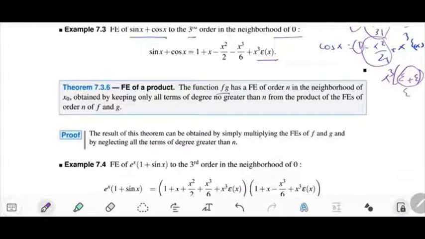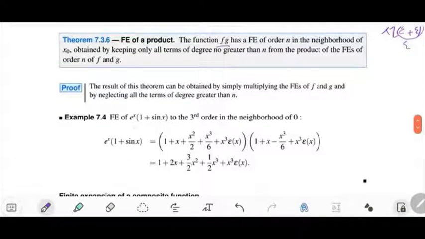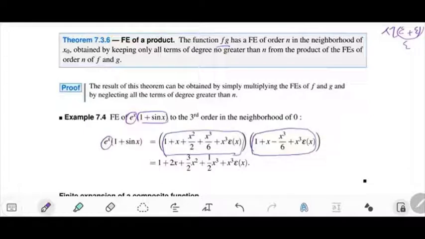For example, if we take the function exponential x and the function 1 plus sine x, so we know that exponential x can be written as 1 plus x plus x^2 over 2 plus x^3 over 6 plus x^3 epsilon of x, and the function sine x can be written as x minus x^3 over 6 plus x^3 epsilon of x.